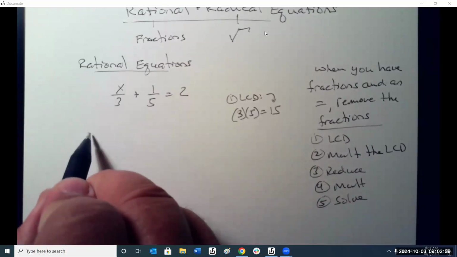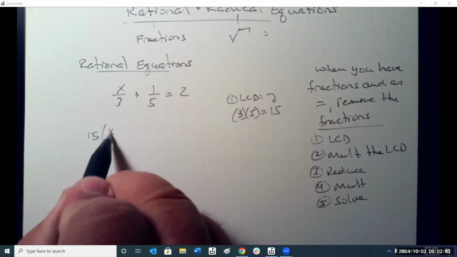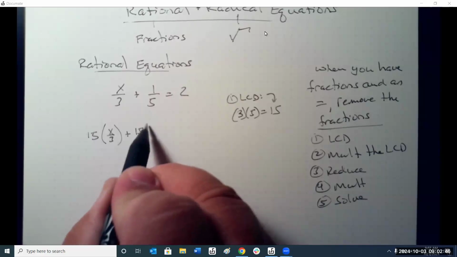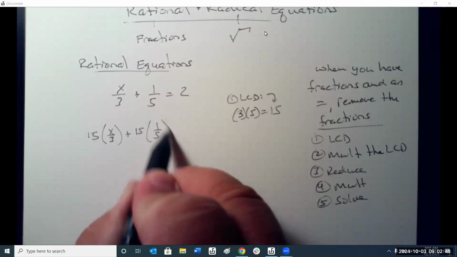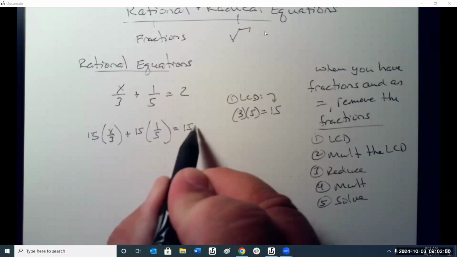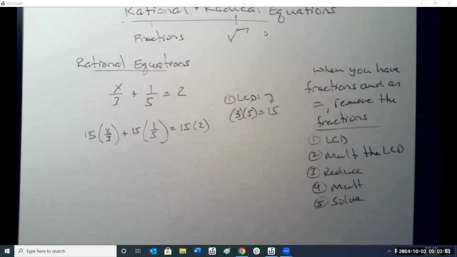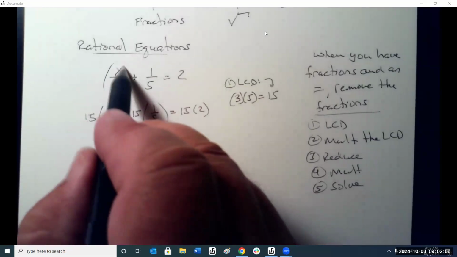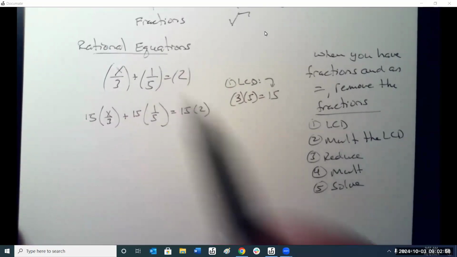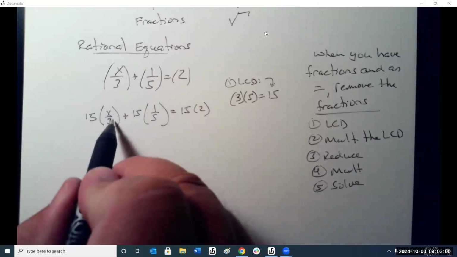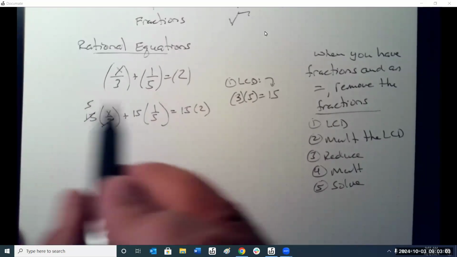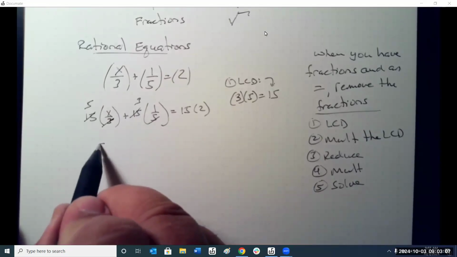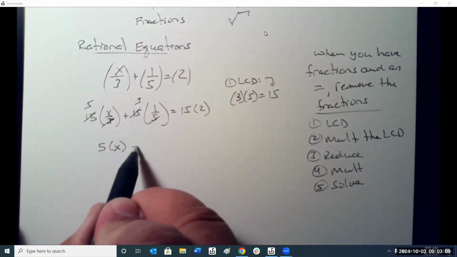Take this 15 and multiply it to each term separately. That was step 2, because we have 3 terms here. Now reduce. 3 goes into 15 5 times. 5 goes into 15 3 times. So we have this equation right now.